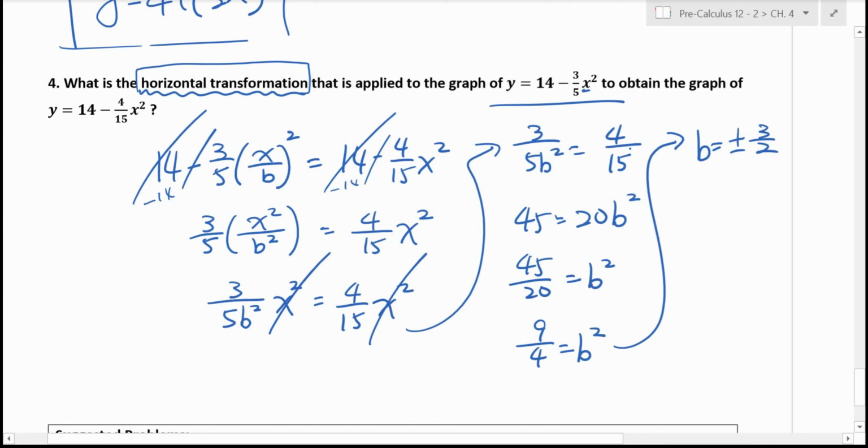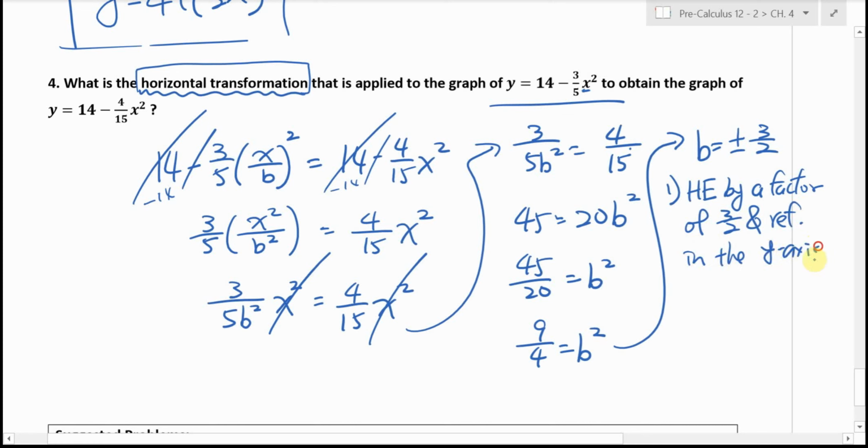So what is the horizontal transformation? Well, there are two possibilities. Either horizontal expansion by a factor of 3 over 2 and reflection in the y-axis. So that's one possibility.